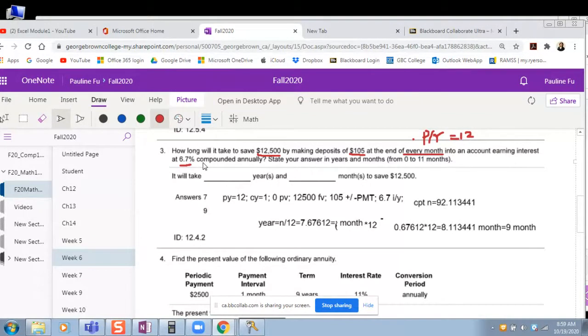Interest compounded annually, so CY equal to 1. You made 105 payment, PMT equal to 105. Accumulated to, this is future value, 12,500. How long will it take? Means what is term N? That is the question.